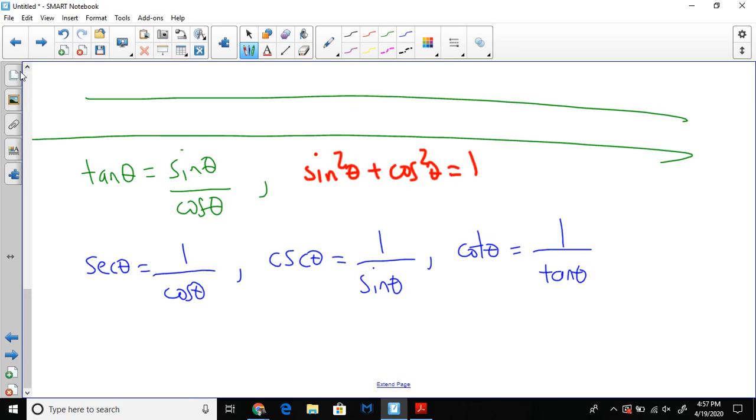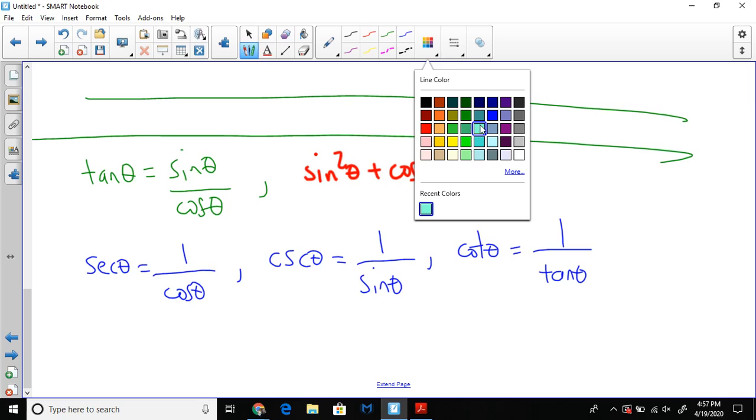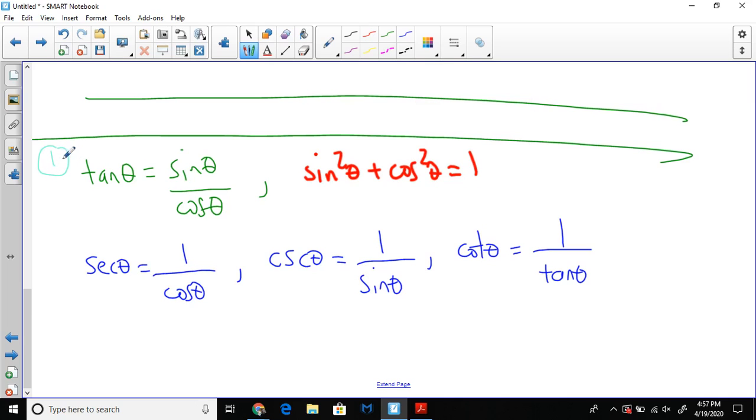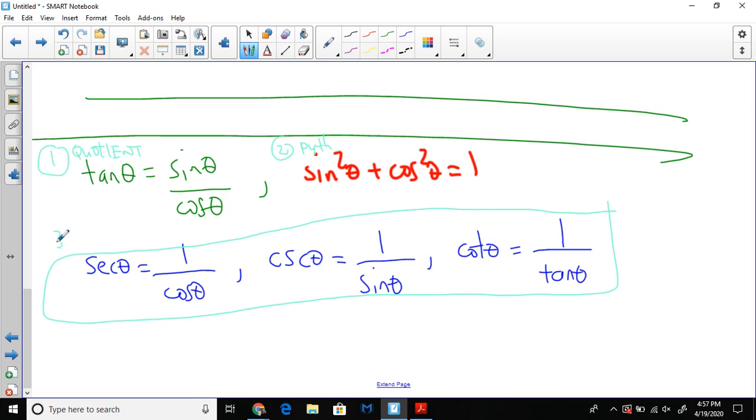So the first one is the quotient, the second one is Pythagorean, and these ones I'll call number 3. These are just the reciprocal identities. We have to remember all of these, and then we're going to use them to prove trig identities, okay.